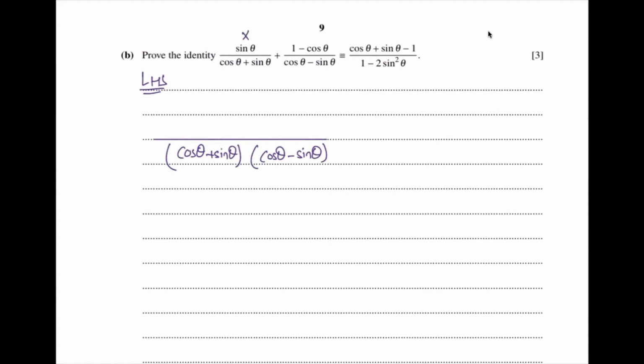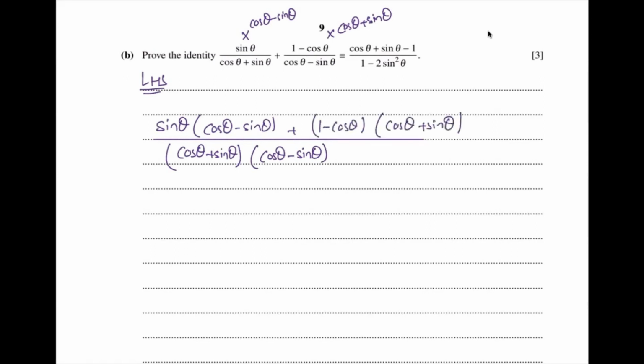This fraction is going to be multiplied by cosine theta minus sine theta. This fraction is going to be multiplied by cosine theta plus sine theta. So sine theta times cos theta minus sine theta plus 1 minus cos theta times cos theta plus sine theta. Now let's simplify the numerator.